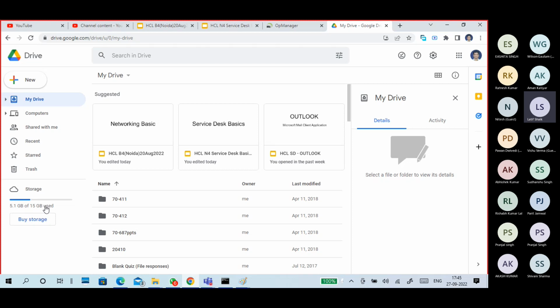A few days back, almost 3 or 4 months back, it was almost near the 15 GB, 14 GB completed. Okay, now take this example. So you put a lot of data in your Google Drive, so it is almost 14 GB, 13 GB, or around 15 GB about to complete. It will notify you.